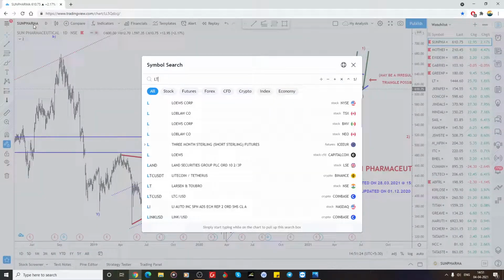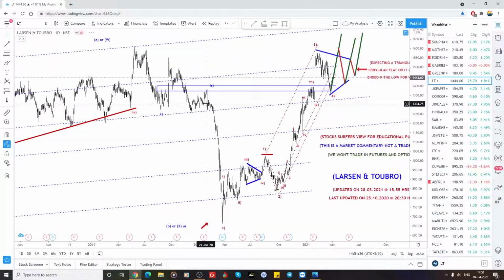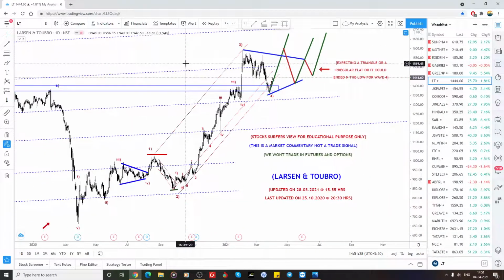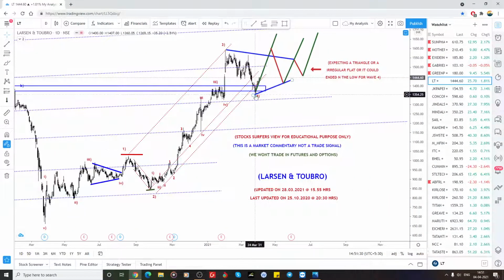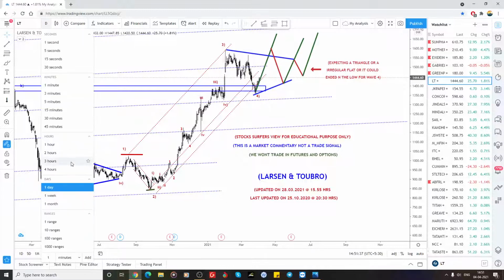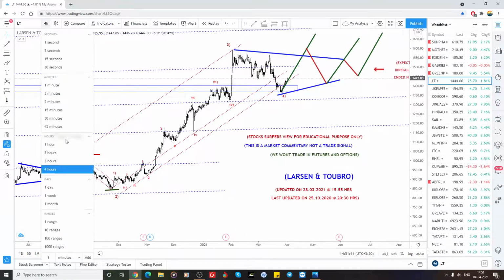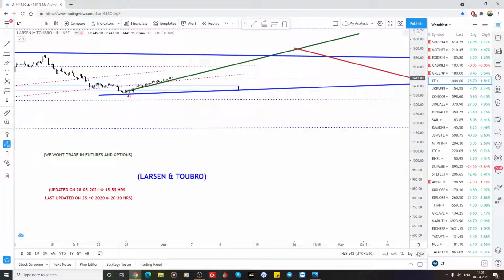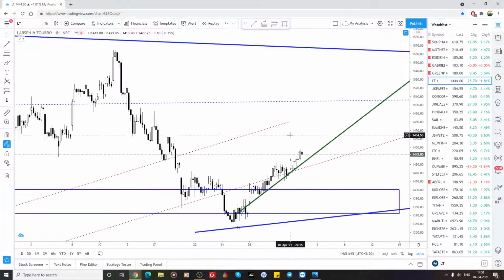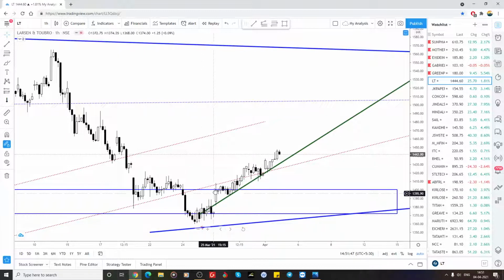So next is L&T. So same, no change anything, right? From here I have said this is going to be a triangle, so exactly it is doing the same. So we have to wait for that structure to form. So in that 1 hour it's looking like the five-wave structure here, 1 2 3 4 5.